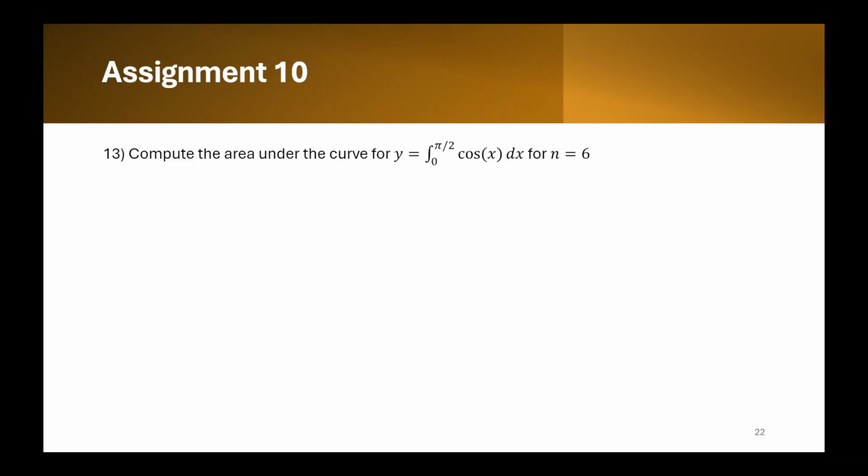Compute the area under the curve for y is equal to the integration of cos x dx from 0 to pi by 2, for n equal to 6. N is again the number of subintervals here. So h is pi by 2 minus 0, by 6, so basically pi by 12.